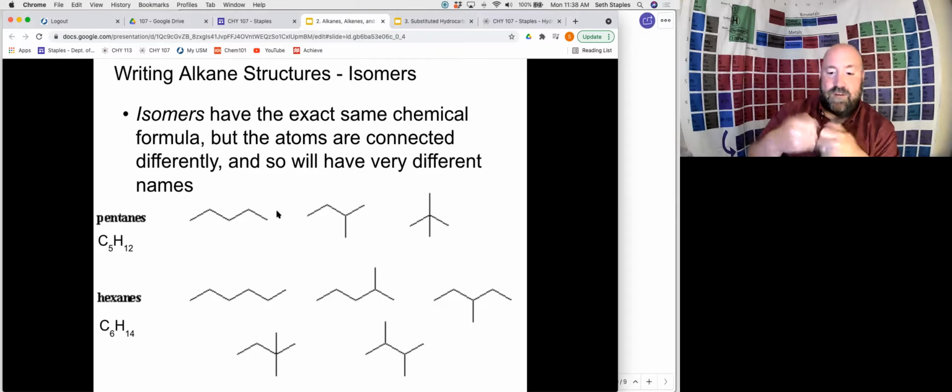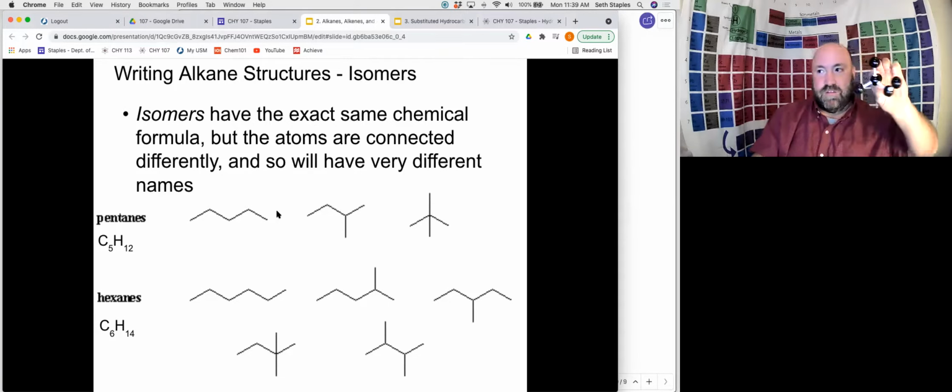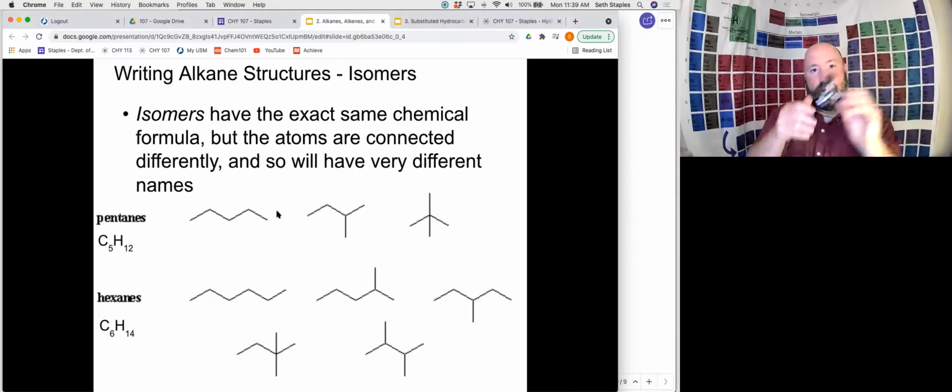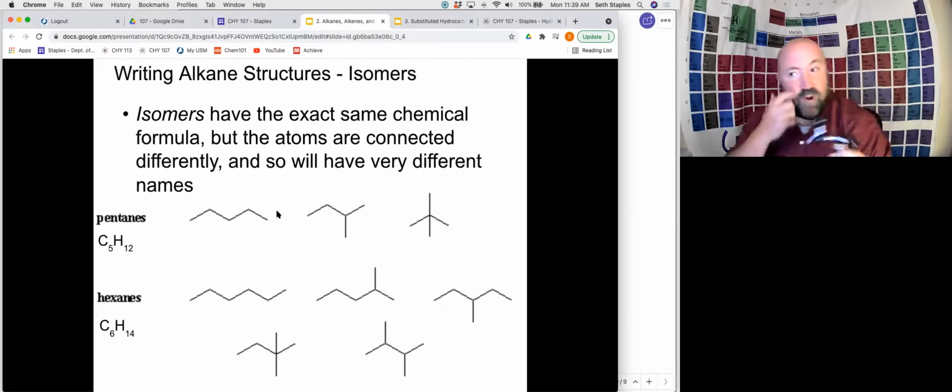We could have this. Still the same exact chemical formula. We attach like this. But very different properties. So they're structural isomers of each other.